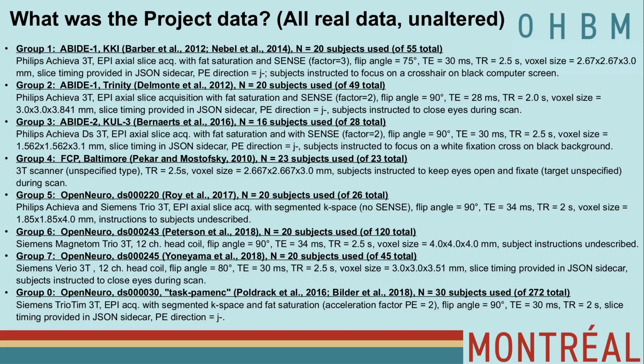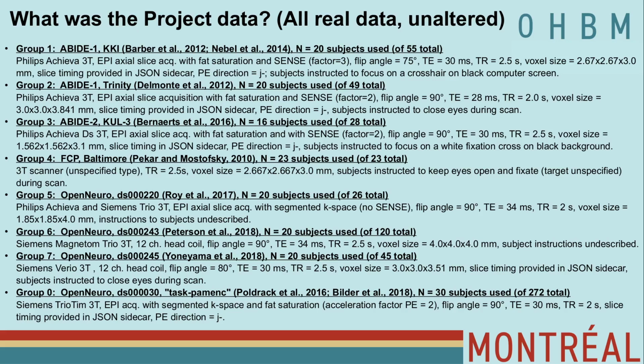So this is the project data. It can be browsed later, but basically it was 3 Tesla data that's pretty standard acquisitions, reasonable voxel size, kind of run-of-the-mill properties in terms of voxel size, TR, and things like that, from a lot of different projects in a lot of different places, just to have a broad scope of different kinds of data from different studies.